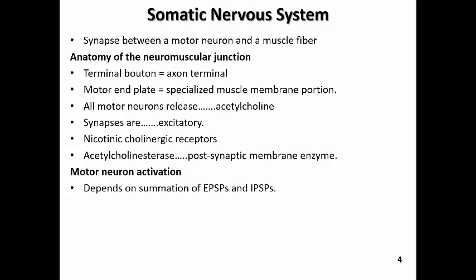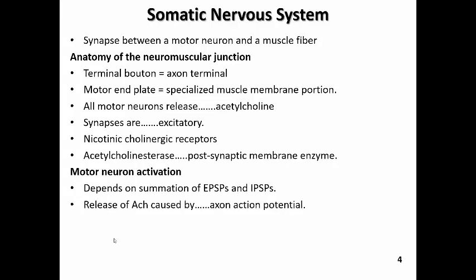The resulting action of the alpha motor neuron, whether it turns on or it does not turn on, will depend on how all of these inputs will add up. If there are more excitatory inputs, the motor neuron will activate. If there are more inhibitory inputs, the motor neuron will stay locked, will not activate.